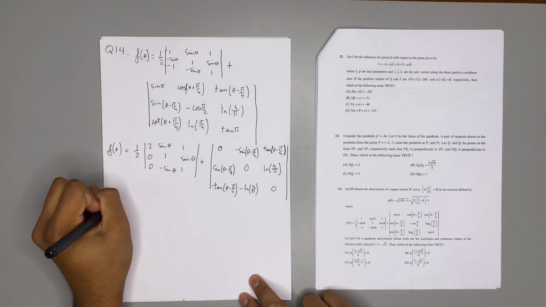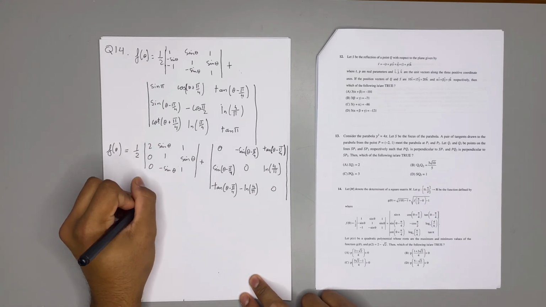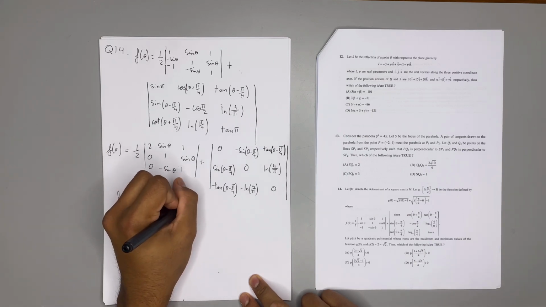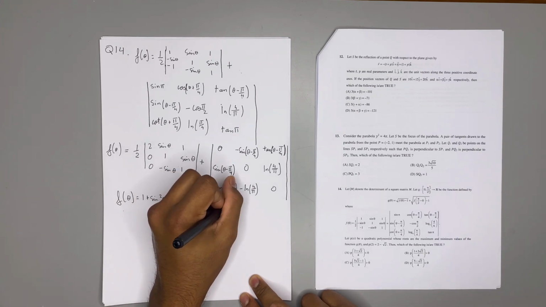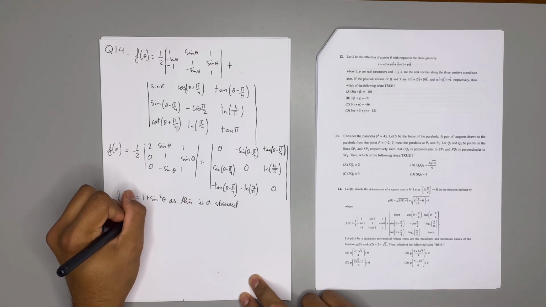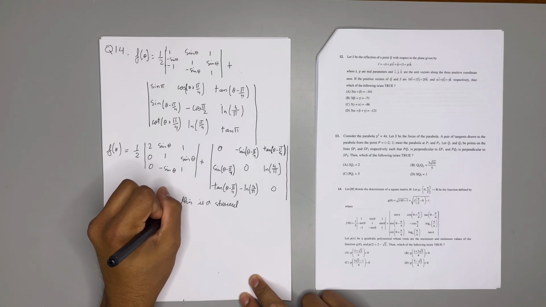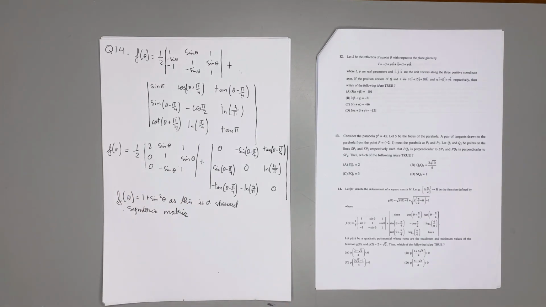By observing this, we know that f theta equals to 1 plus sine squared theta, as this is a skewed symmetric matrix.